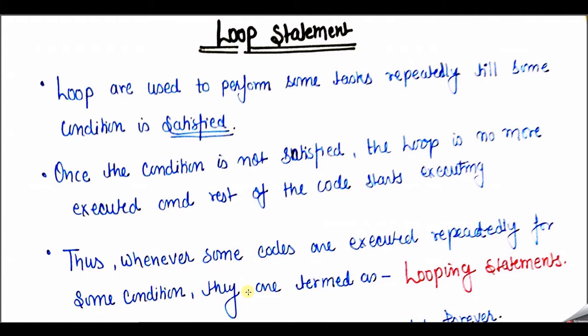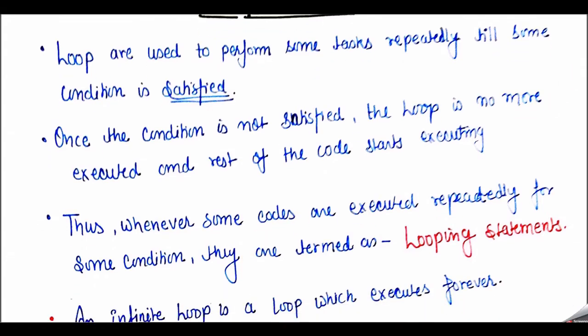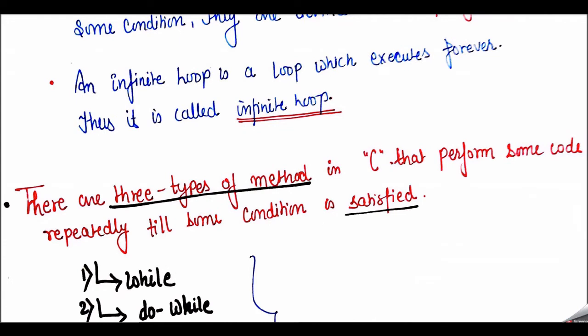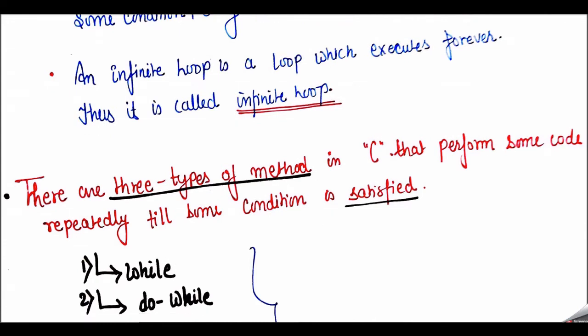Thus, whenever some code is executed repetitively for some condition, it is termed a loop statement. That means if the condition is true, we go through this statement, and when the condition is false, we move out of the loop.